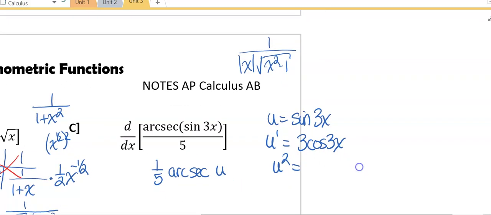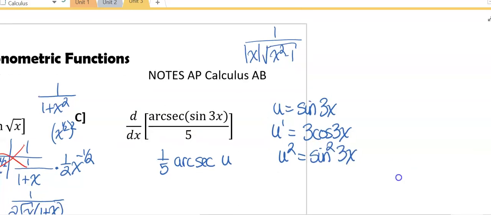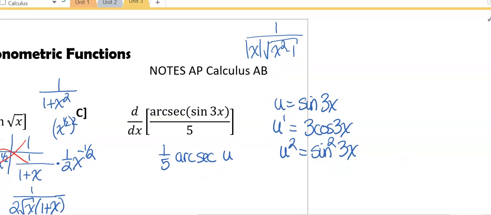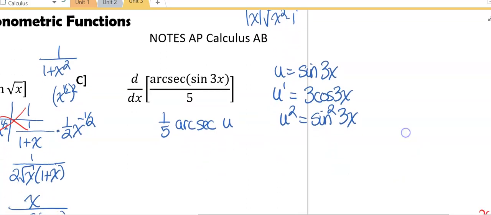So I need u squared for x squared. That becomes sine squared of 3x. So we've got all the pieces there, we just need to put it together. There's not a product rule here, there's not a quotient rule. We're just about to differentiate this. So this becomes the 1/5 on the outside.